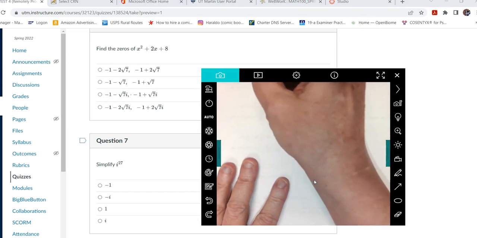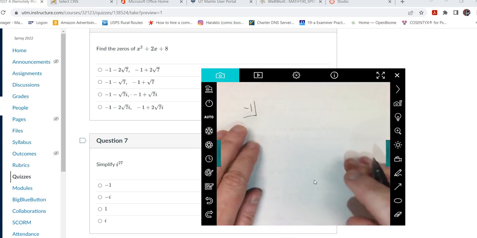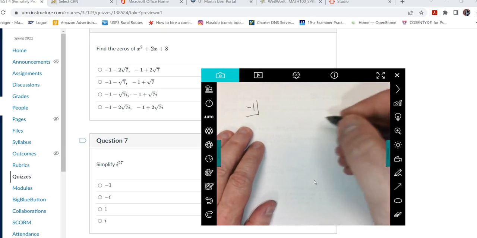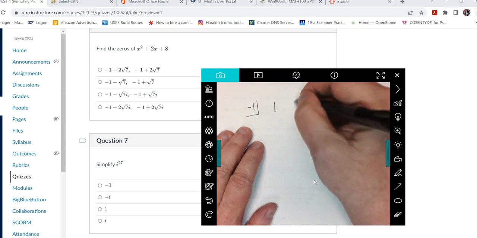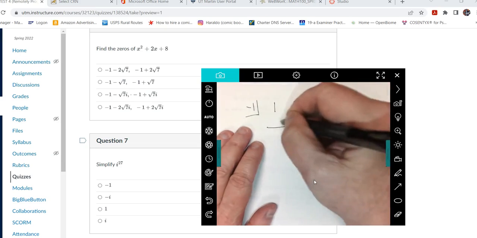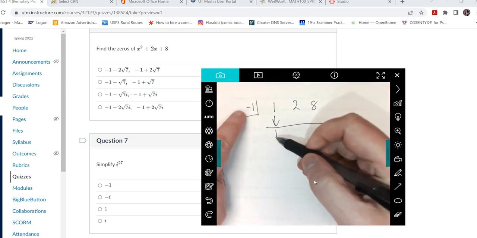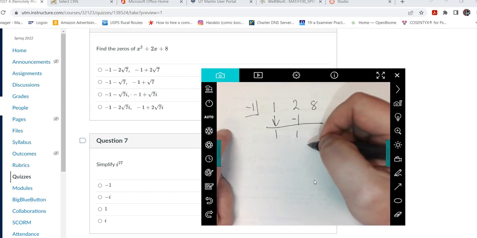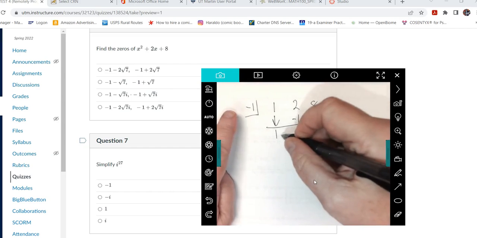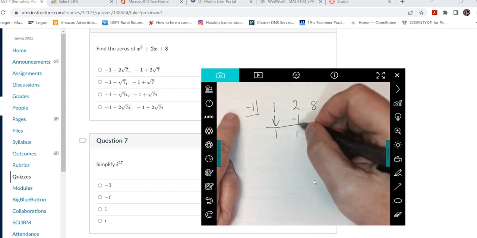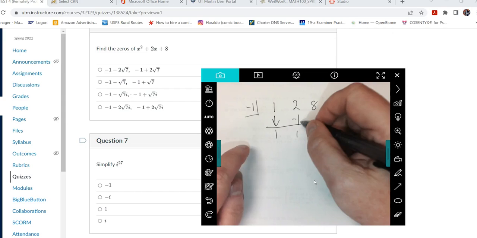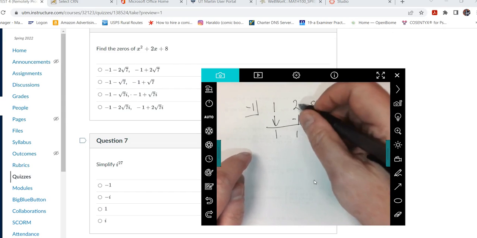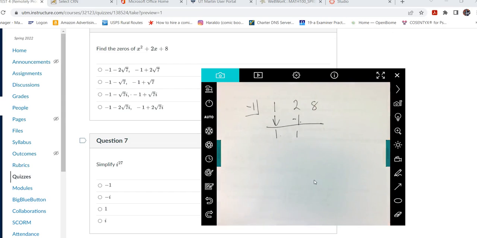So I'm going to put negative 1 up here in the box and do synthetic division, and I should get a 0 over here. Okay, so 1 times negative 1 is negative 1. And when I add, I get a 1 there.